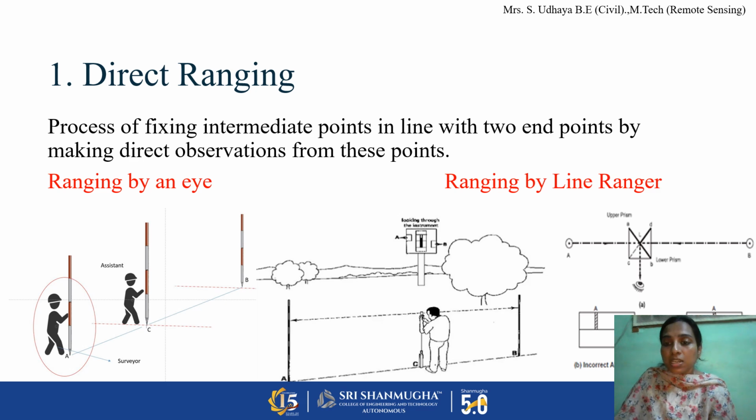If he finds the exact position C by moving either left or right, then he will get the position as you see in this image, with rod A and rod B making a straight line. This is how a surveyor adjusts his position to identify an intermediate point which makes a straight line ACB. This is how direct ranging can be done.